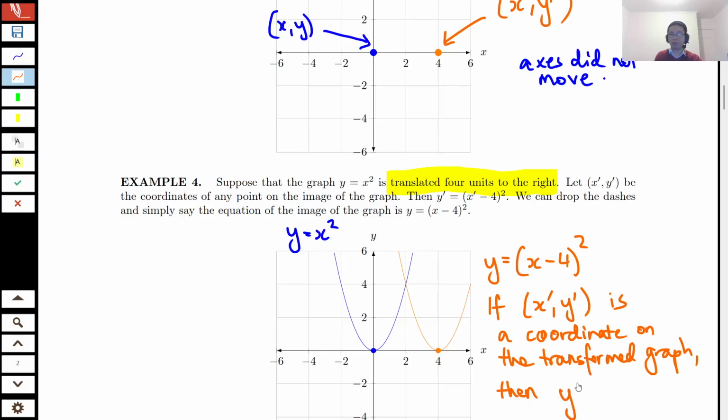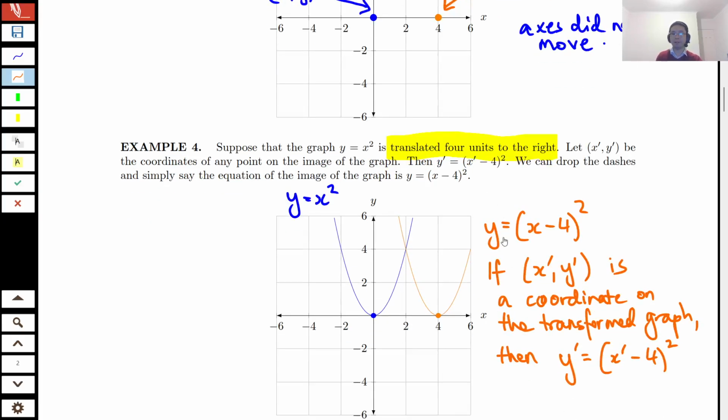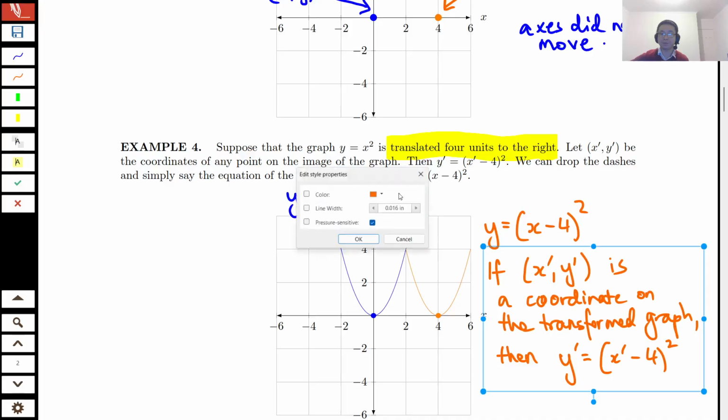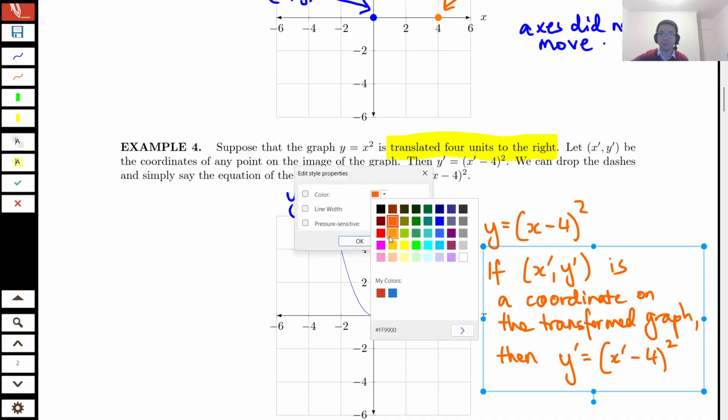We would actually write y dash equals (x dash minus 4) squared. You see why this might be confusing? It's because I'm using x and y in different ways. I'm just going to change the color here.